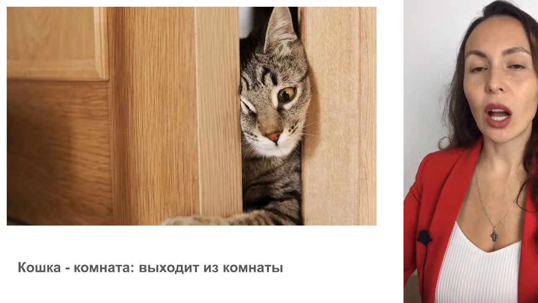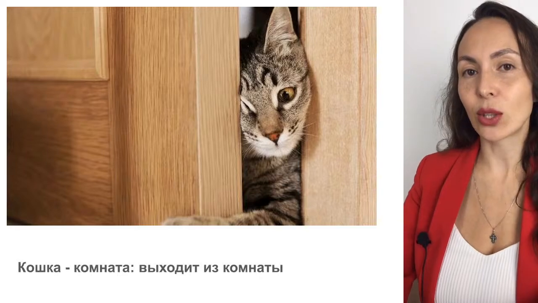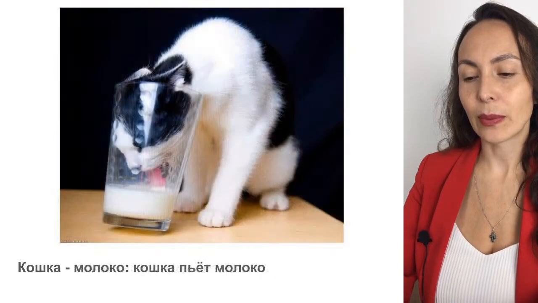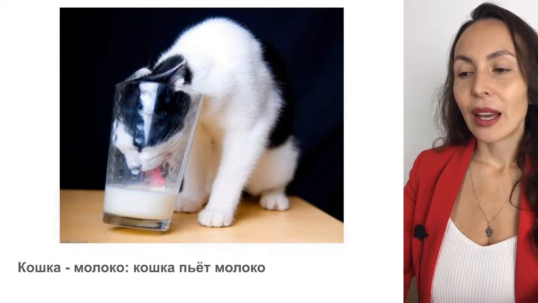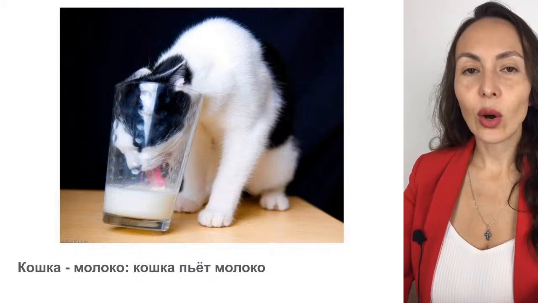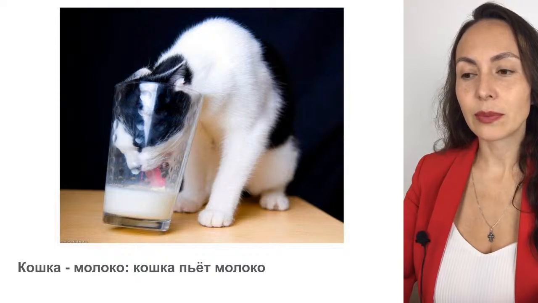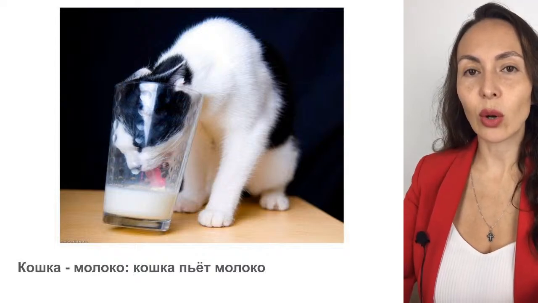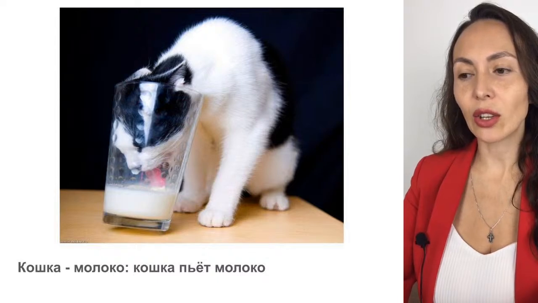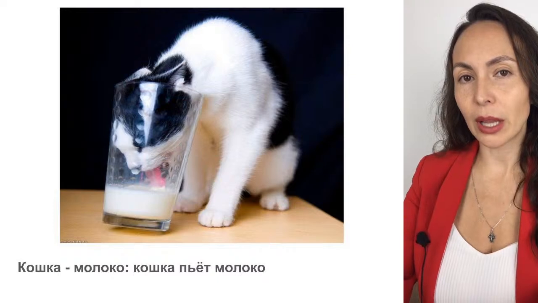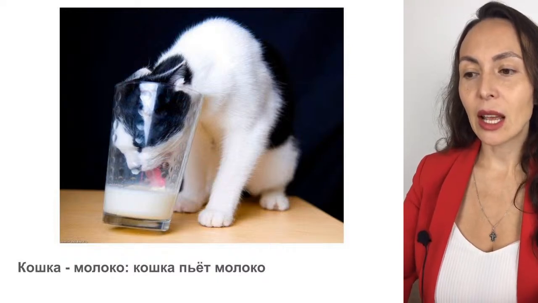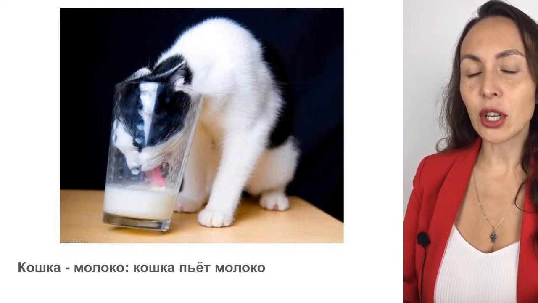Кошка выходит из комнаты. Okay. Кошка и молоко. Cat and milk. How do we connect these two components? Кошка пьет молоко. In this case, молоко is the object of her action.